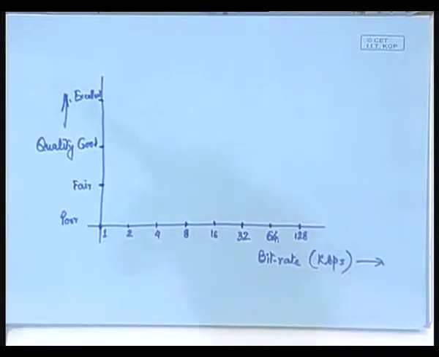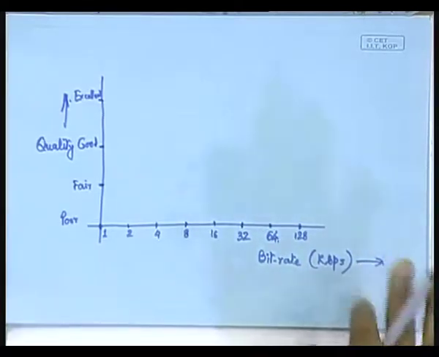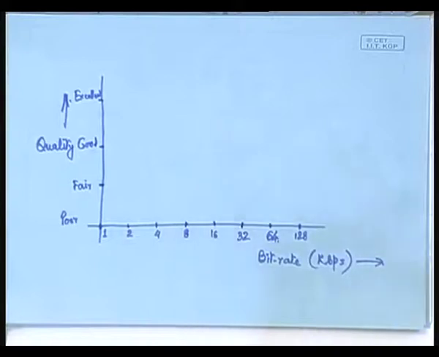If you are going in for waveform approximation techniques, then the way to achieve a lower bit rate is to use very coarse quantization. Coarse quantization means you are sacrificing the finer levels, you are very crudely quantizing, and as a result your quality is going to suffer. So, you can expect that at a very low bit rate, the quality will be poor anyway.